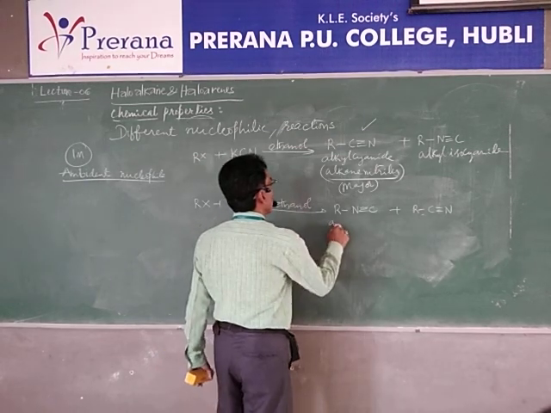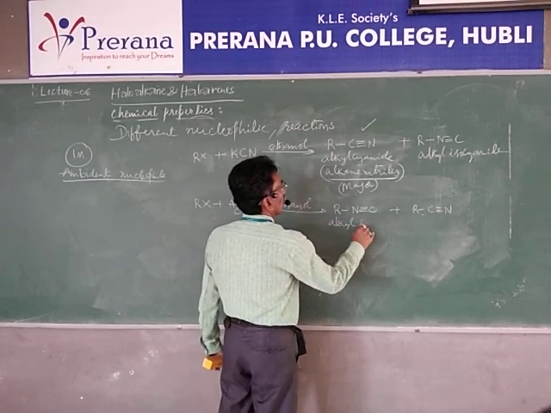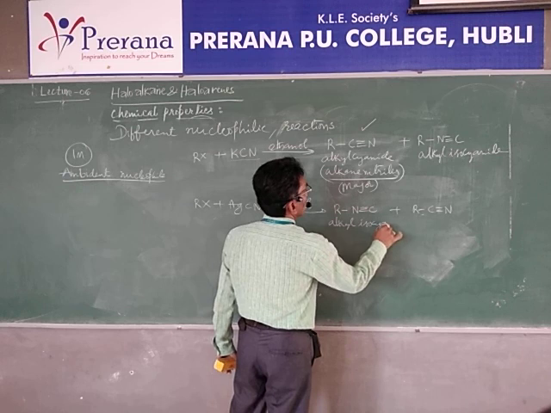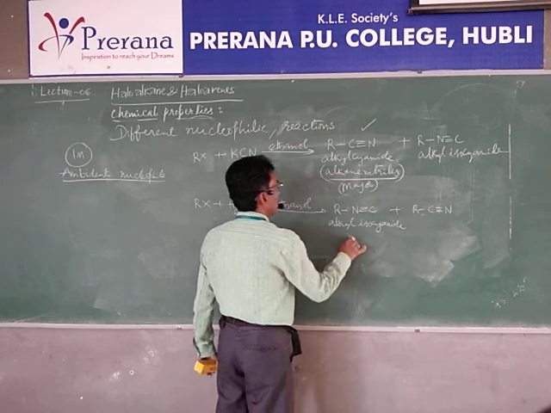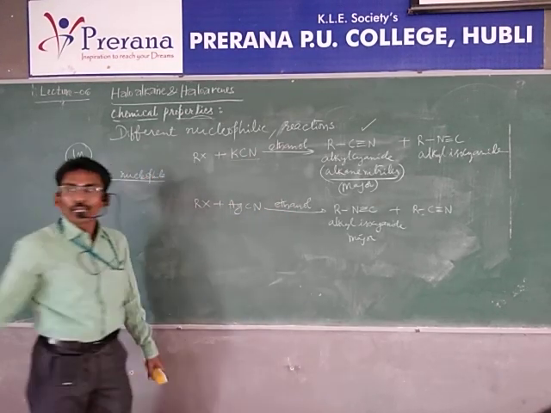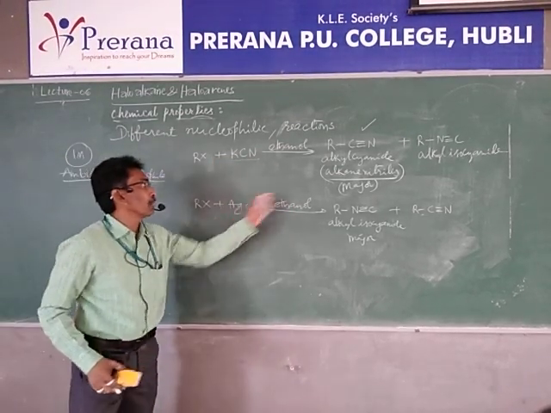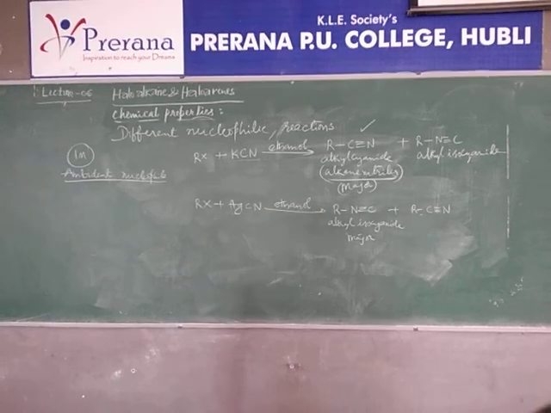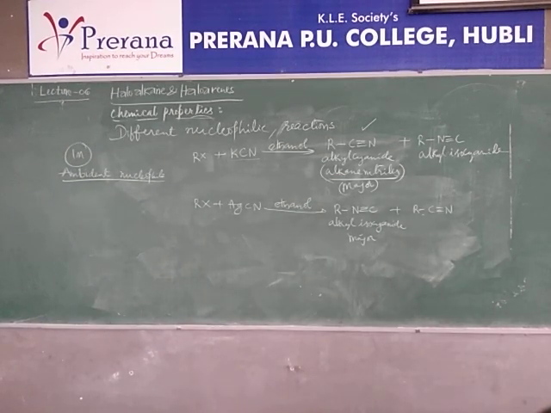So alkyl isocyanide is the major product. Even though the reagents look similar, KCN and AgCN, the major products are not the same. Why? The difference is already given in NCERT nicely.